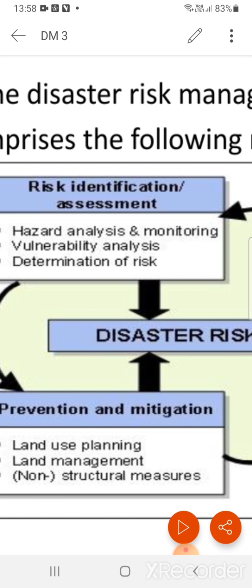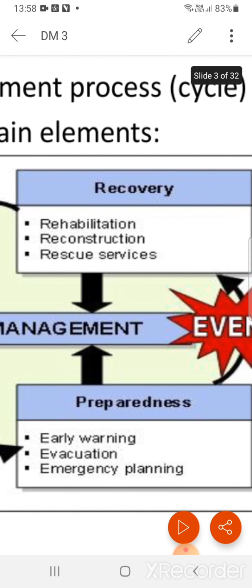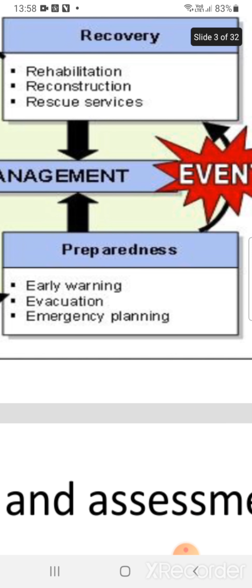When the event breaks out, recovery follows the event, risk assessment and identification follows, followed by prevention and mitigation, and finally we make preparations against the event by early warning, evacuation, and emergency planning.